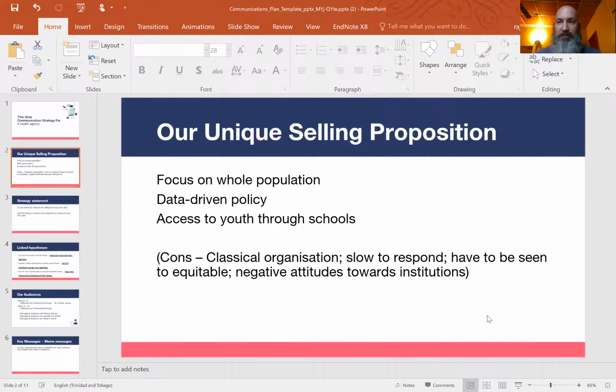And so you might want to think about how you represent your unique selling proposition, because obviously there are some negatives. You know, a ministry or a big institution like that is typically designed according to the classical organization structures. Therefore, it's slow to respond. It has to be seen to be equitable, therefore targeting groups equally.